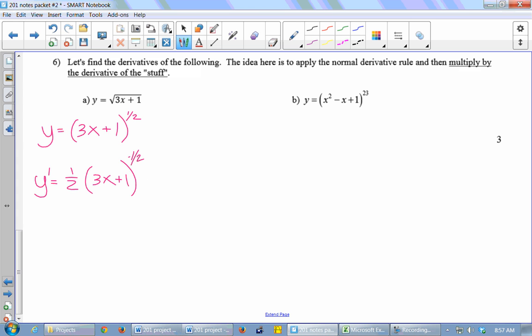So actually, maybe I'll write times d dx of 3x plus 1. So this ends up being y prime is equal to 1/2 times (3x plus 1) to the negative 1/2 times 3.